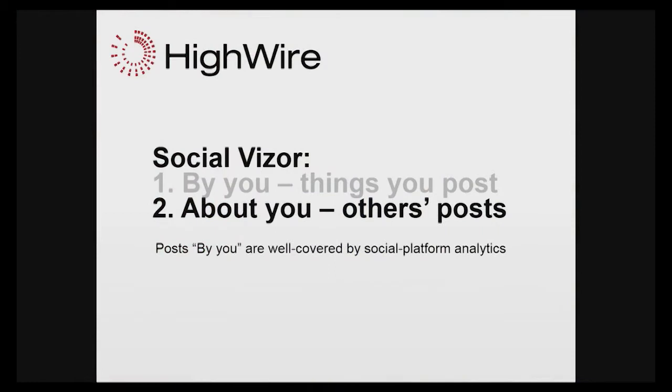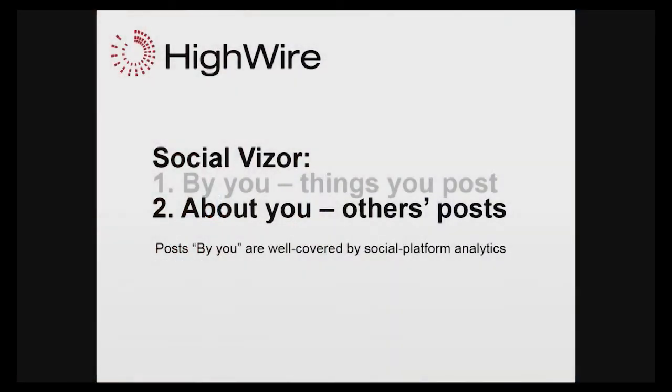What we found in the feedback from people was that there were really 2 kinds of things that people wanted to track. They wanted to track what happened to things they posted. In other words, the Rockefeller University Press Facebook page, you post on it, and you want to know what happens there. But you also want to know what happens when an author posts something about his or her own article, or a reader does the same, but it's one of your articles.